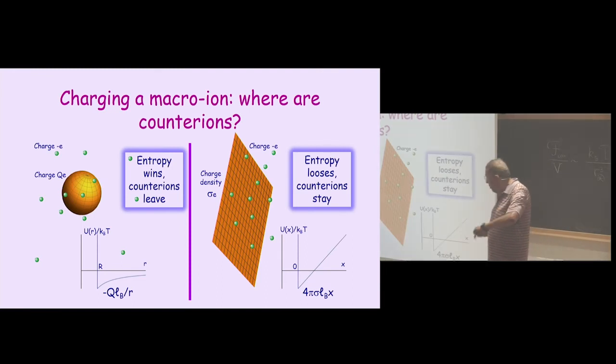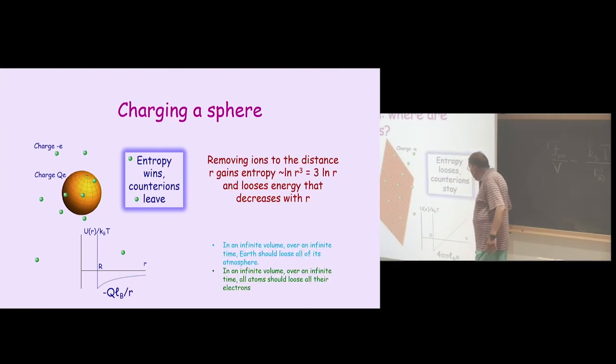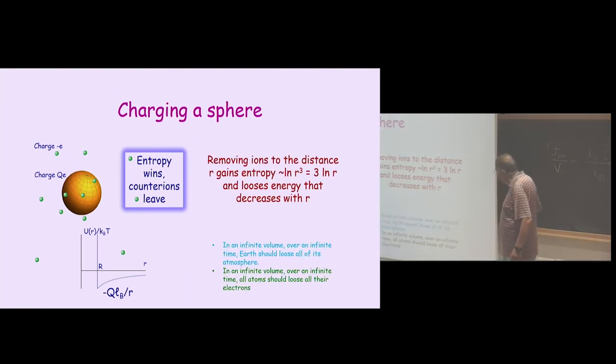Okay, and now I told you there will be the story of where counterions go, but I suspect I have about 5 minutes left or so. Sorry guys, there is no chance.